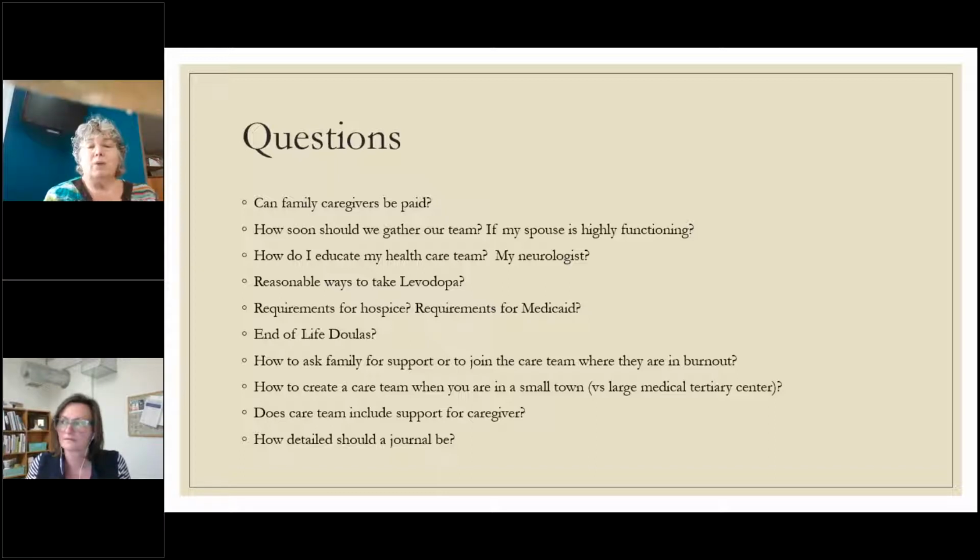How to ask family for support or to join my care team when they are in burnout. This is definitely difficult, and why I brought that up in that early slide. Sometimes a person in burnout is not the best member of your team. The challenge, of course, is if you are limited to that individual.